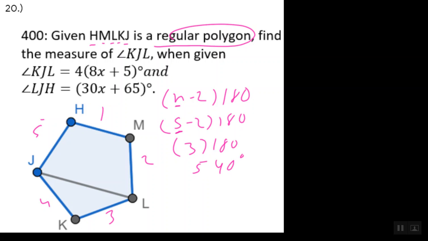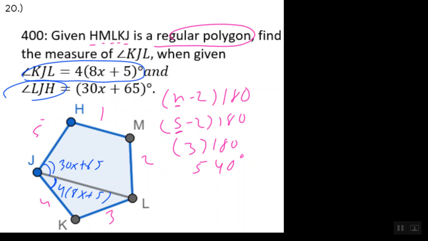Now from here, let's go ahead and label what they are giving us in this problem. Well, they're telling us the angle KJL, so let's see, KJL is this bottom one, is 4 parentheses 8x plus 5, and they're telling us that this top angle LJH is going to be 30x plus 65, and we need to know what these two things add up to be.